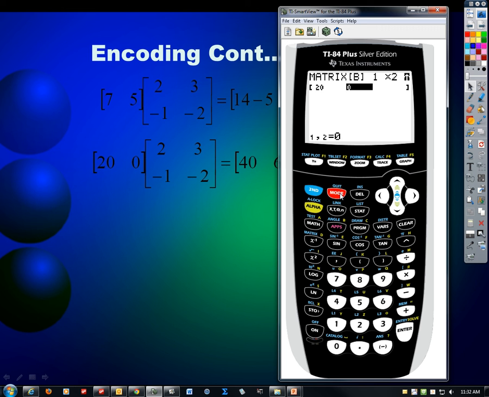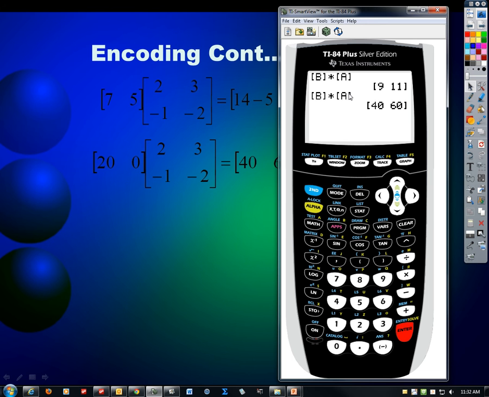Then I quit, and go up and grab matrix B times matrix A, and hit enter. It changes to the new answer. So I can do that every time: go back and change matrix B, then grab the B times A and hit enter, and it'll redo that for me with the new matrix B.